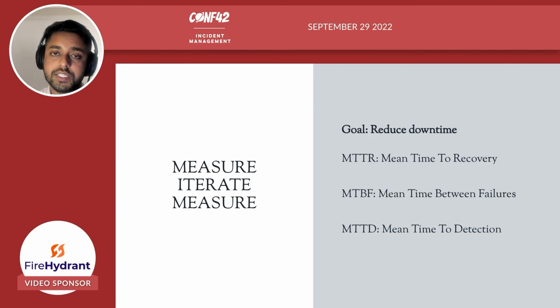Typically, you'll document this as part of your postmortem document, and you can continue to monitor this over time. If there are certain systems that are seeing longer time to recovery than others, you can focus some efforts to improve the stability of those systems. Second one is mean time between failures. Again, if a particular system is failing very frequently, we know that as an organization or as a team, we should focus our efforts there.